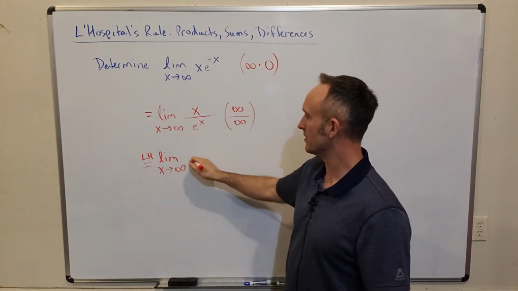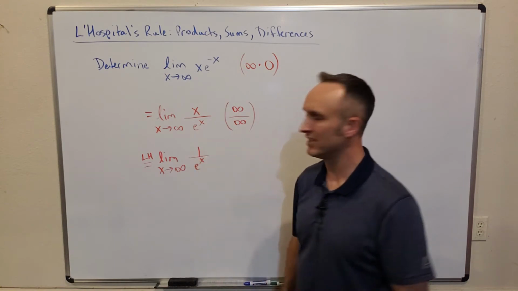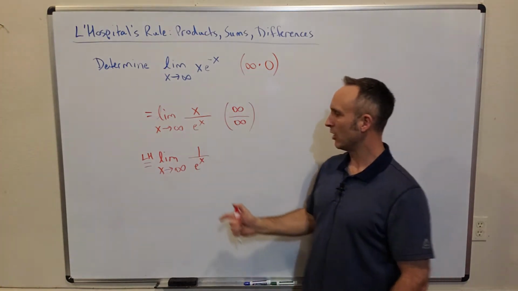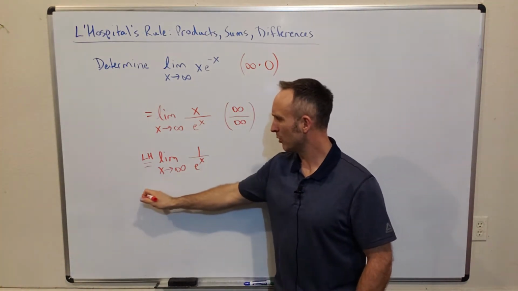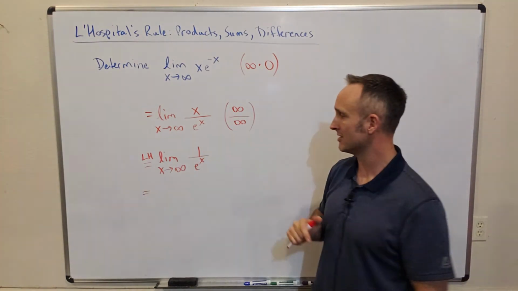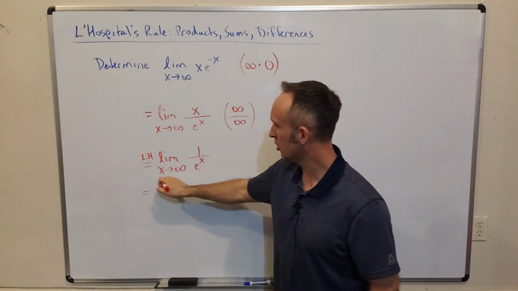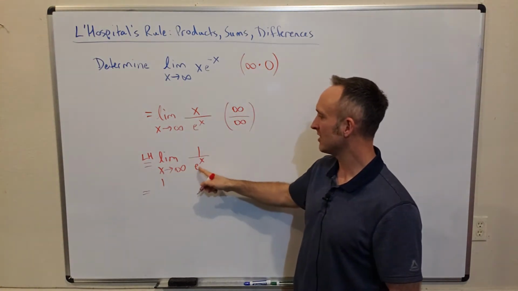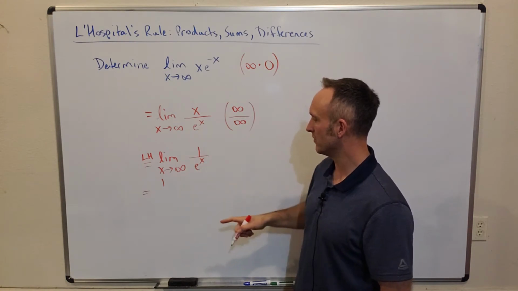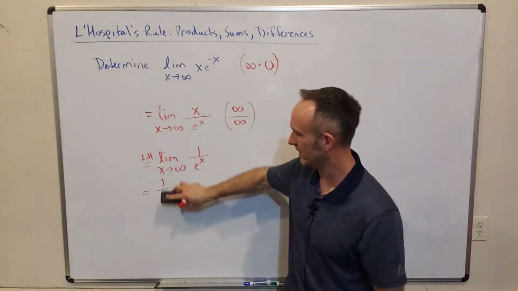Taking the derivative of the top, I get 1. And taking the derivative of the bottom, I get e to the x. And now, I know that I won't get an indeterminate form because my numerator is 1, a constant, a finite number that's not 0. So I'm going to get 1 over e to the x as x goes to infinity is, let's not write 1 over infinity.